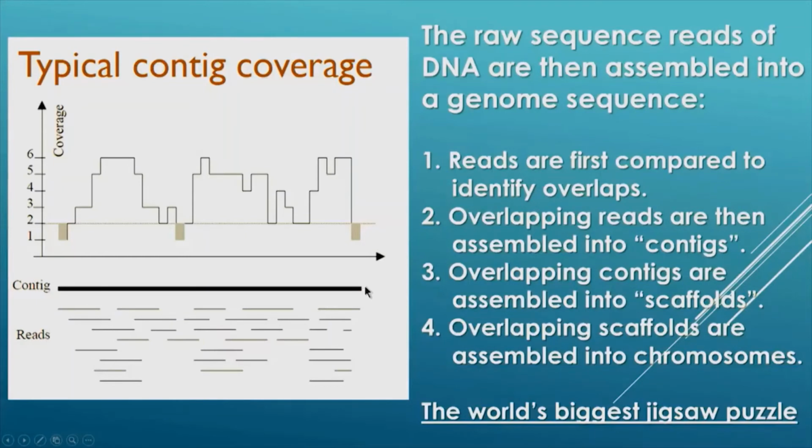And then overlapping contigs are assembled into scaffolds, and scaffolds then are assembled into whole chromosomes. This is the world's biggest jigsaw puzzle. If you can imagine a jigsaw puzzle with something like 100 million pieces to be assembled into a single image.